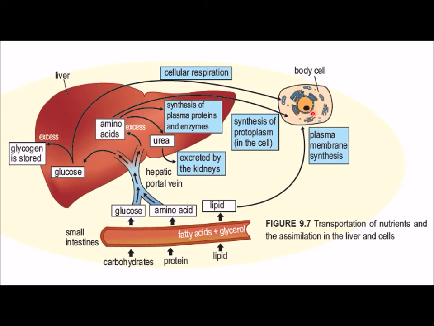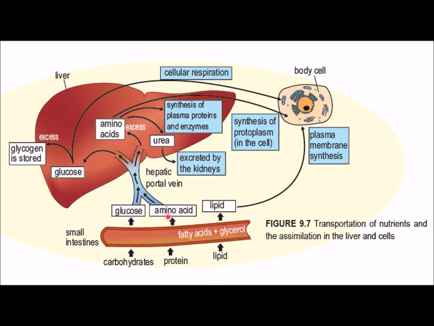Lipids are mainly used to synthesize plasma membrane. They are used to synthesize phospholipid and cholesterol. Cholesterol will strengthen the form of the plasma membrane. Excess lipid will be stored under the skin in the adipose tissue.